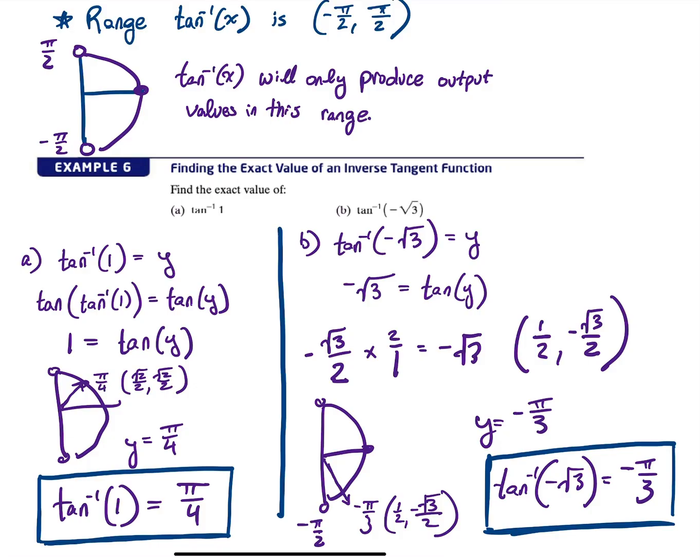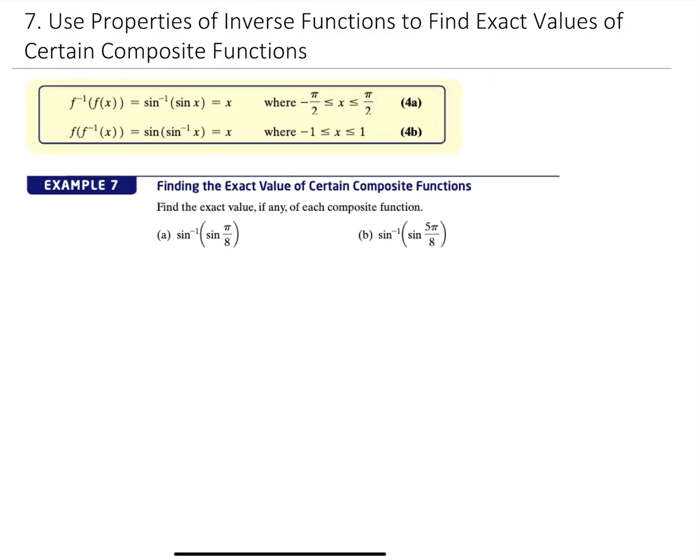All right, let's continue with a few more examples. So we're going to use properties of inverse functions to find the exact values of certain composite functions. So functions plugged into inverse functions or vice versa. And they're mentioning here that restricted range of the inverse sine function.